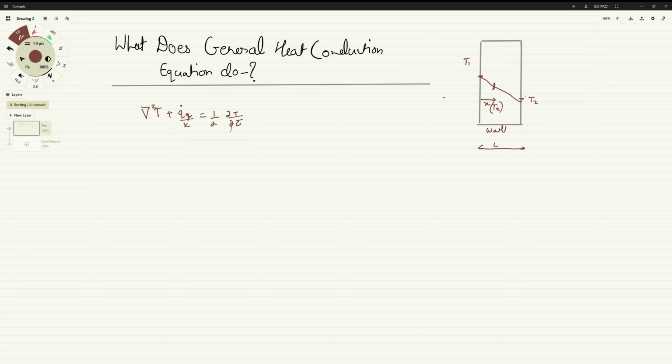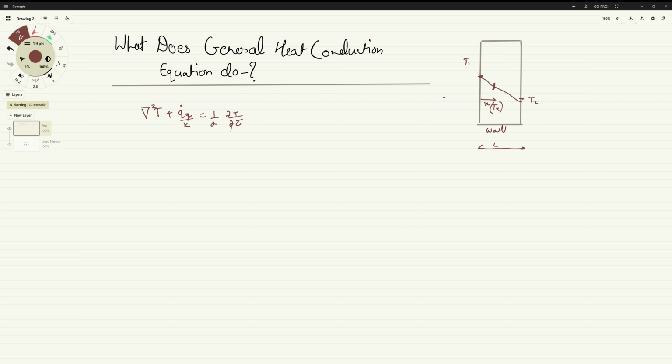The del term is basically dou square upon dou x square plus dou square upon dou y square plus dou square upon dou z square, which tells us the change of any quantity in the three different directions x, y, z. That's very important. The q dot generation term is basically if the wall is producing heat of its own.